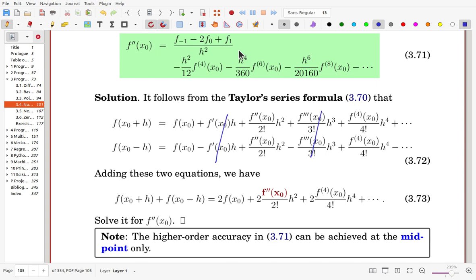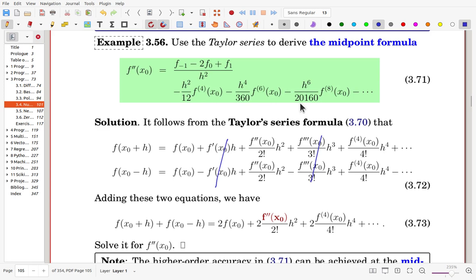The higher order accuracy in this equation can be achieved at the midpoint only. For the left endpoint or right endpoint formulas, you follow the basic theory, which gives only first order error. But for this midpoint formula, we now have second order error.